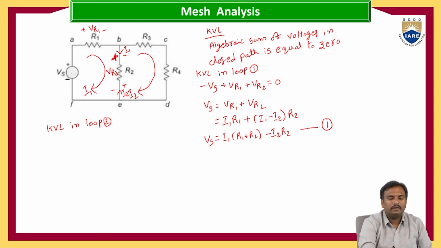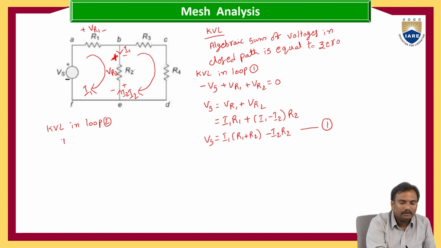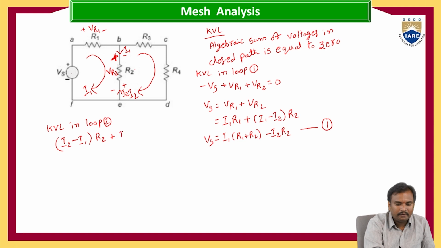Now we are assuming that I2 current has higher magnitude. So here the resultant current flowing through will be I2 minus I1 into R2, plus I2 into R3 plus I2 into R4 is equal to 0.